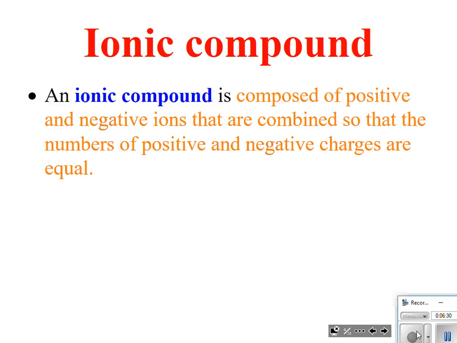Just another real quick review, because we're going to see these and discuss these all the time. What is a positive ion called? A cation. What is a negative ion called? An anion. So, the number of cations, positive charges, is equal to the number of anions, negative charges.